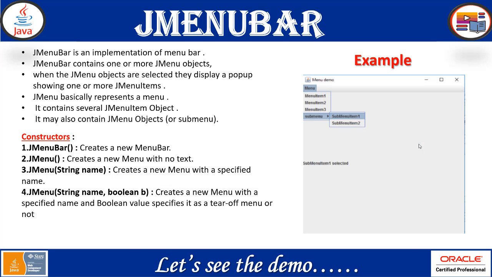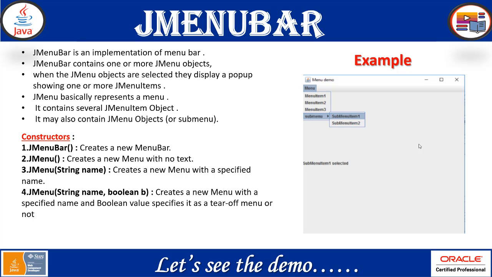JMenuBar is an implementation of MenuBar. It contains one or more options in JMenu objects. When the JMenu objects are selected, they display a pop-up showing one or more menu items in JMenuItem objects.